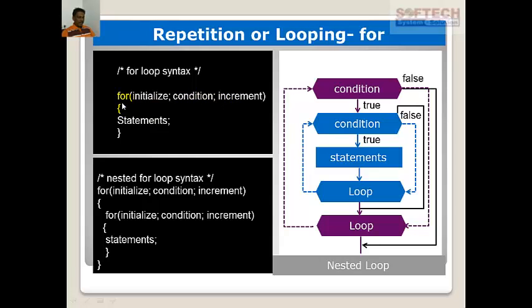In while we initialize before the while, and in do while also before the do. But in the for statement the three parts, initialize, condition, and increment, are in a single line. Then opening brace, closing brace, and we can use statements.